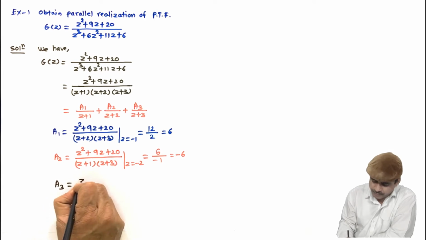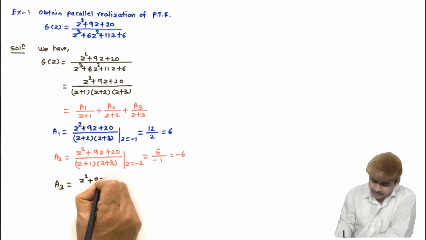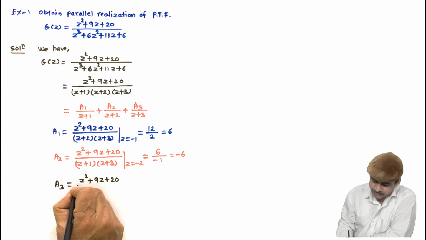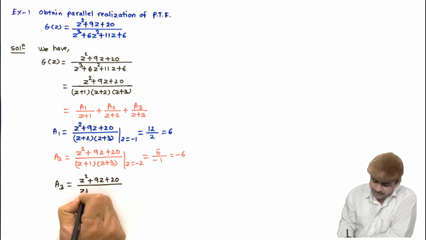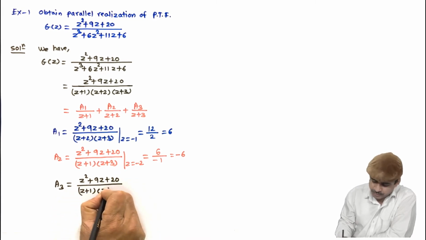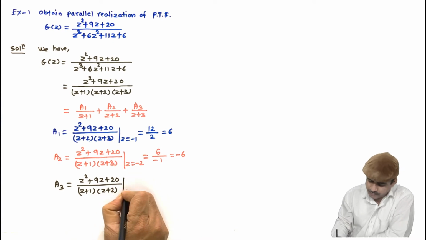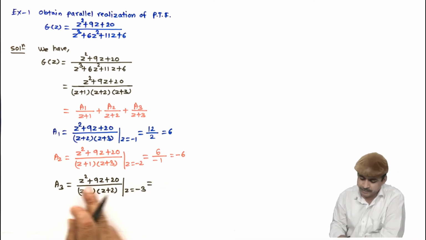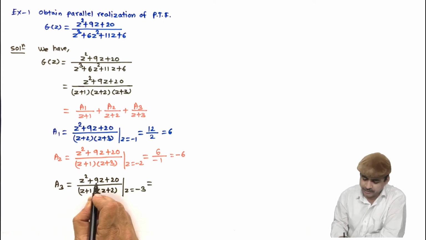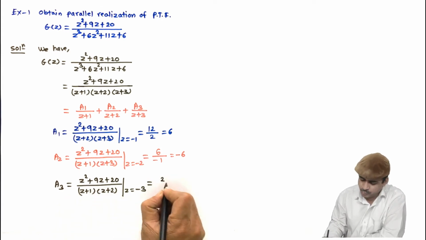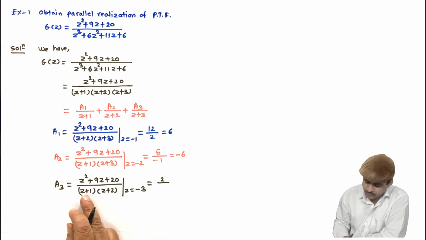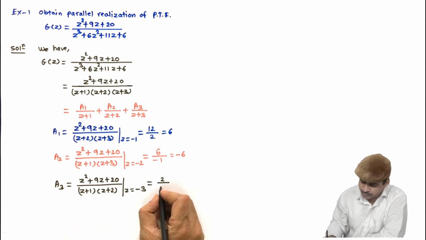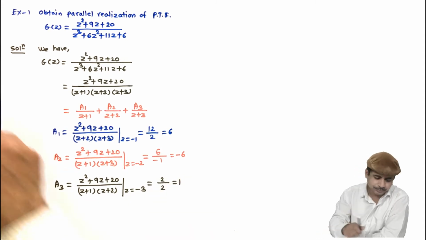And then A3. A3 is equal to z square plus 9z plus 20 divided by z plus 1 into z plus 2 with z equal to minus 3. So this will be 20 plus 9, 29 minus 27 is 2 divided by, this will be minus 2, this will be minus 1, so it's 2, so it's 1.